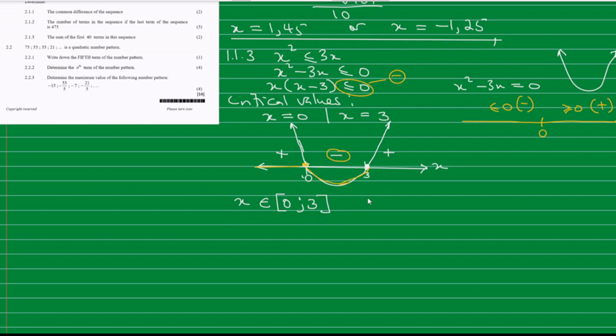Another way of expressing this inequality is to write 0 less than or equal to x less than or equal to 3, basically meaning that x is a number between 0 and 3. So you can write your answer like that, and also like that.